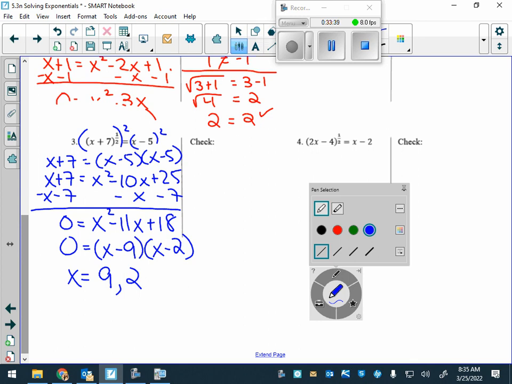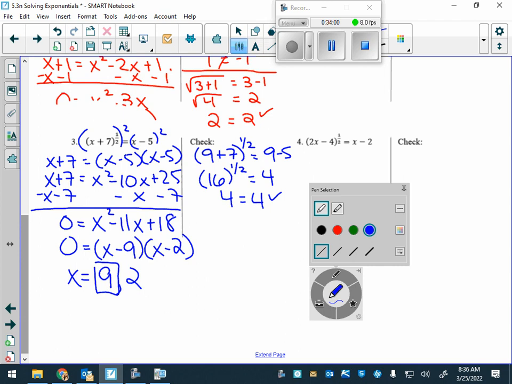Okay, if I check it, start with 9 first. 16 to the 1/2 is the square root of 16, which is 4. 4 equals 4, so 9 does work.